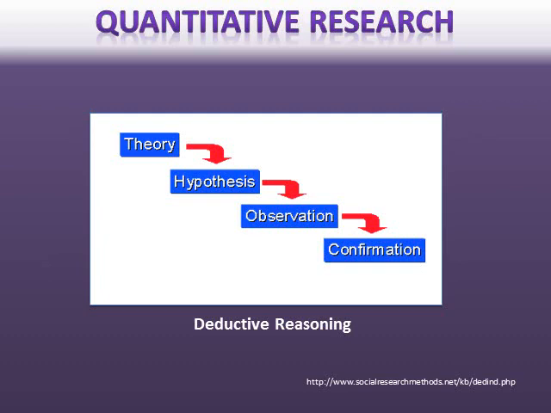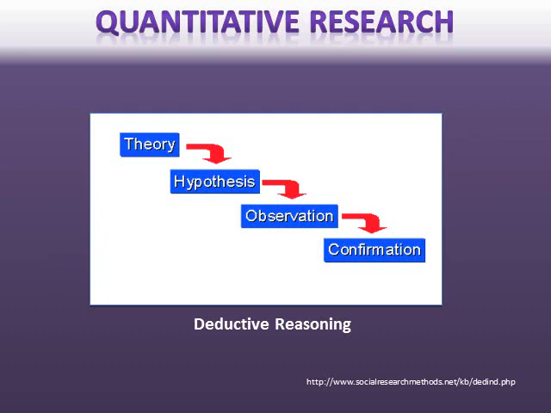Now, quantitative research is doing exactly the opposite. So instead of looking to understand a problem without having any initial biases or thoughts about what it is and to try and gather that information from people, quantitative research uses what's called deductive reasoning. And here you start off as a researcher with a theory about what the reality is of a situation.